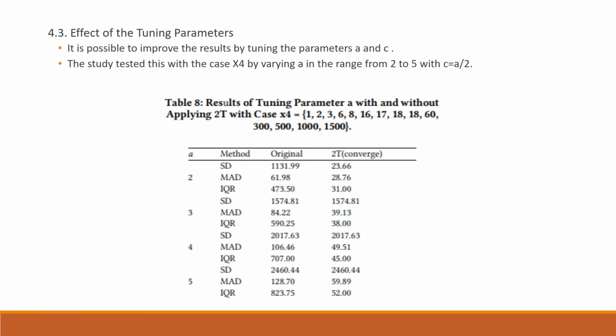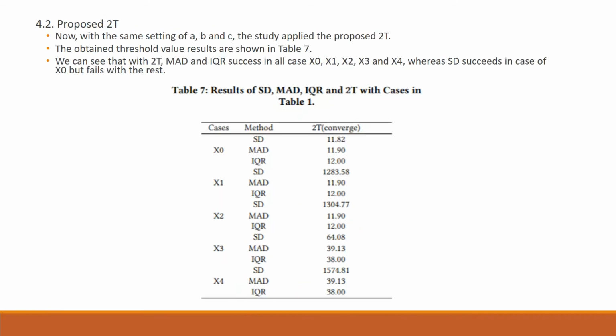Now, as we have A, B and C as parameters that we can tune, we will check if tuning them can help improve our results. If you remember, I just said that SD failed in all cases to detect outliers, right?